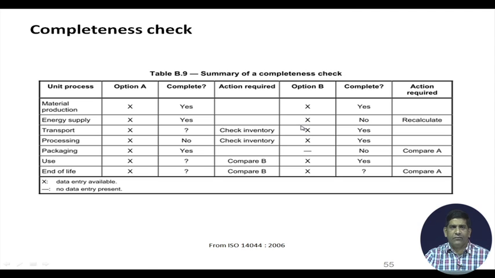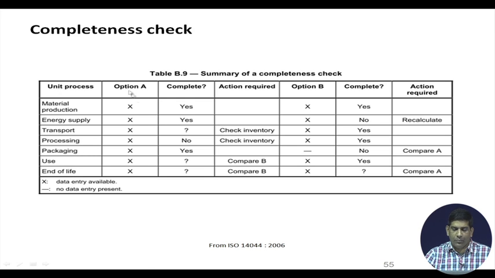When you do a completeness check, you can use a table like this. That's again coming from an ISO document, one example from there. So this is a summary of a completeness check, how you do that. You look at the different unit processes here: material production, energy supply, transport, processing, packaging, use, end of life.